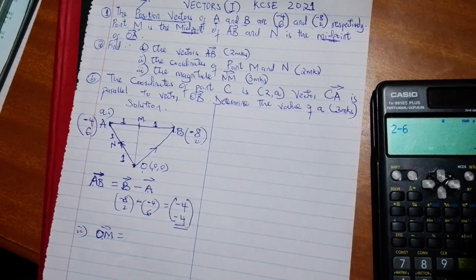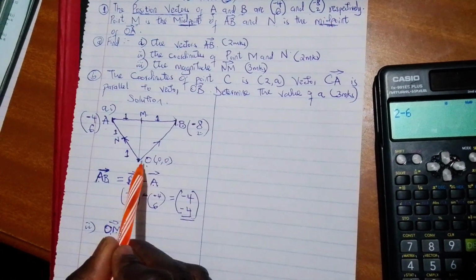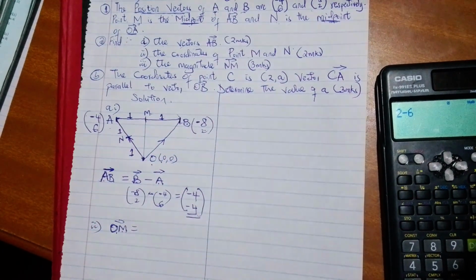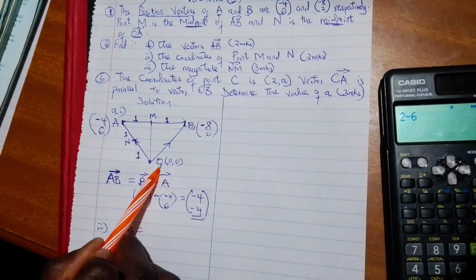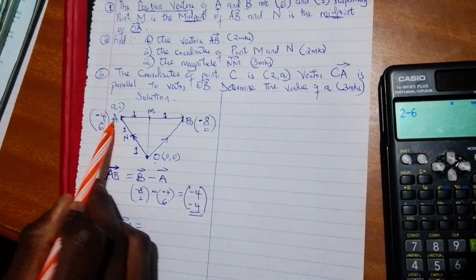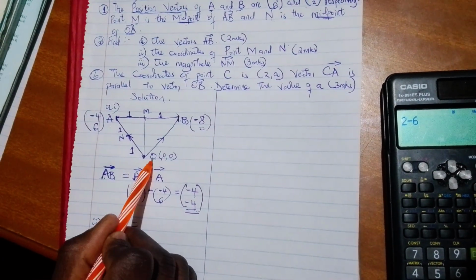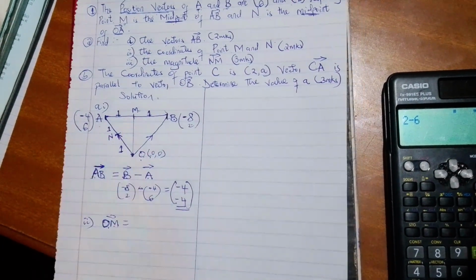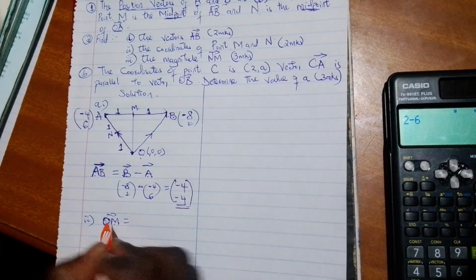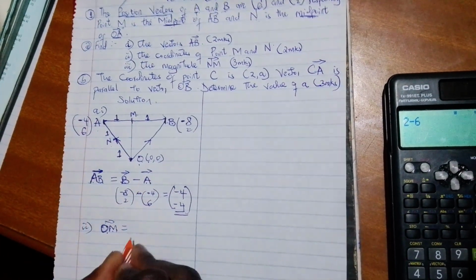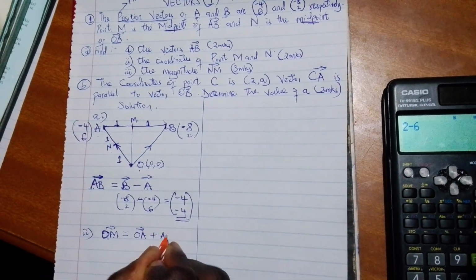But somebody who likes going round will say that I'll move from O to B, then B to M. Another person will say that I can move from O to A, then A to M. Another bright person will say that I can move from O to N, then N to M, but that is just a wastage of time, please. So O to M, let me move from O to A, plus A to M.